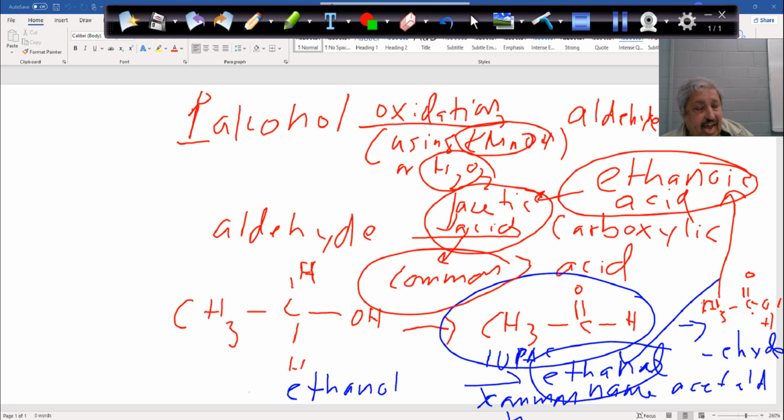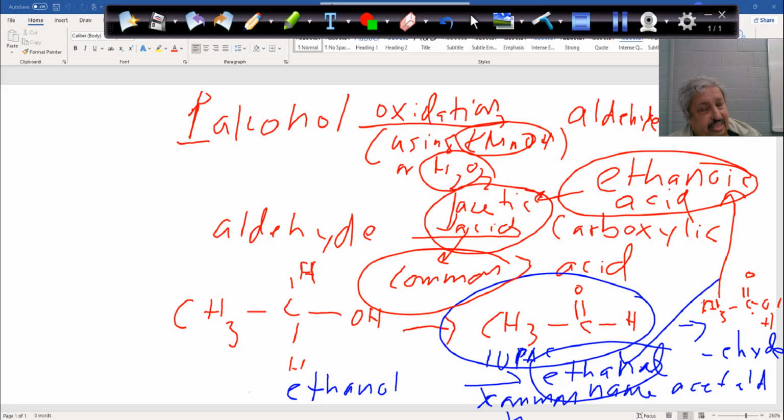This is ethanol. So ethanol, OL, and ethanal, AL, that's an aldehyde. Ethanoic acid, that's a carboxylic acid. The common name of ethanol is alcohol, or wine. The commercial name is wine or beer. Beer and wine are mostly water and then alcohol.